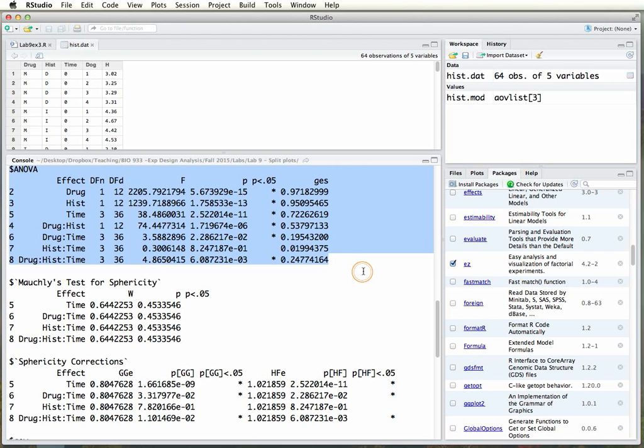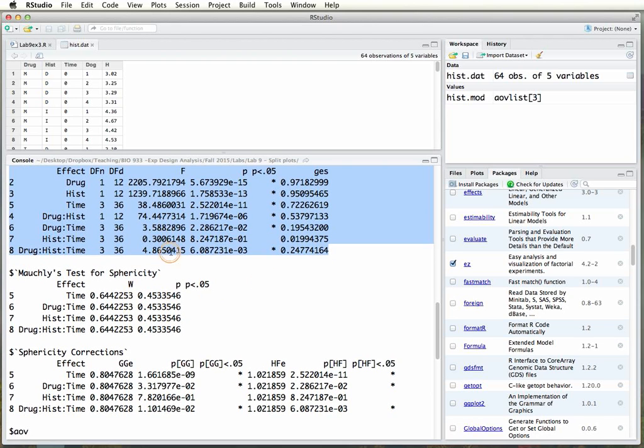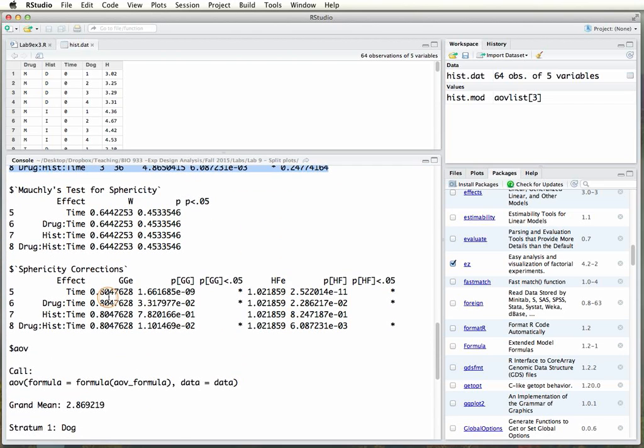Now, in this particular case, it's assuming complete independence of those repeated measures, which is not really true. So what we want to do is look at Mauchly's test for sphericity. It's running that test for us, and based on the covariance structure that it's finding within the data, it is suggesting that we deflate the degrees of freedom of time by a factor of 0.8.